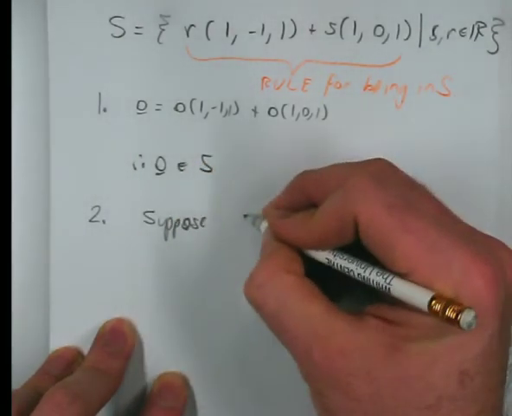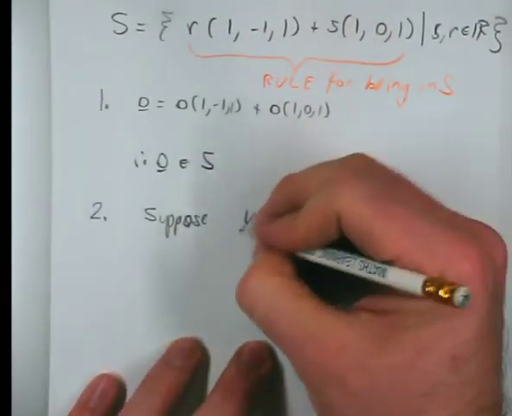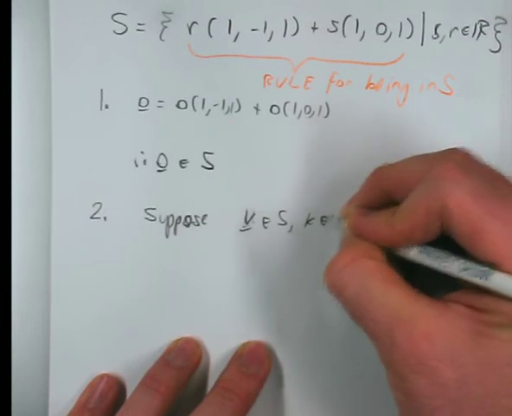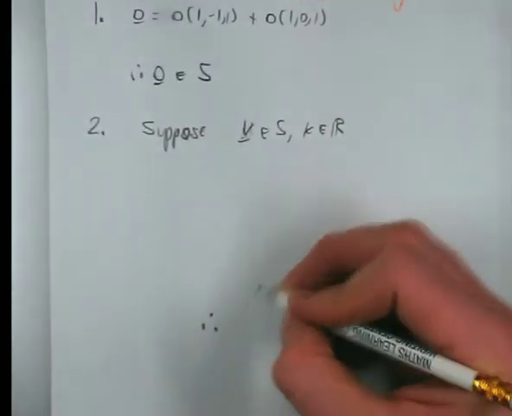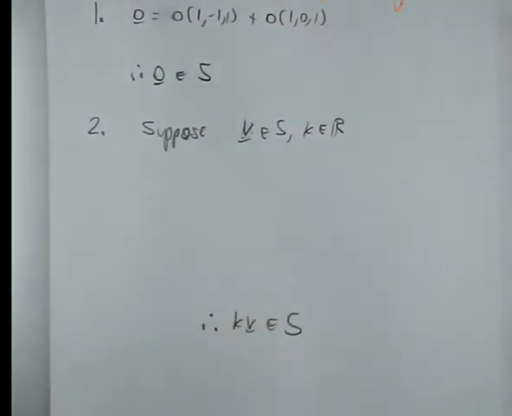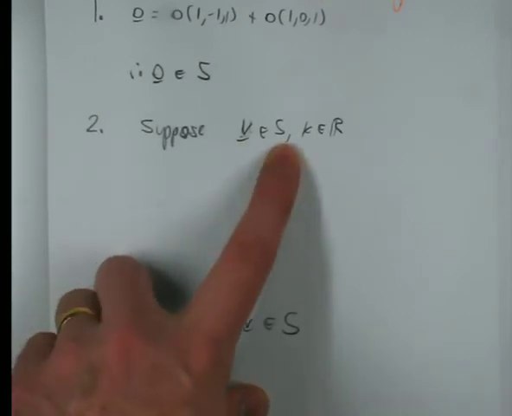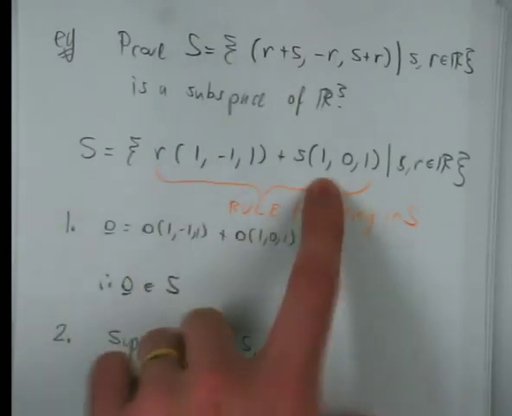The next part of the proof, I will always begin: suppose V is in S and K is in R. Then I'll get to the bottom and be able to say, therefore, KV is in S. I have to use my rule twice, so I use the rule up here to say that V is in S. That means whatever V is, it has to be able to be written this way.